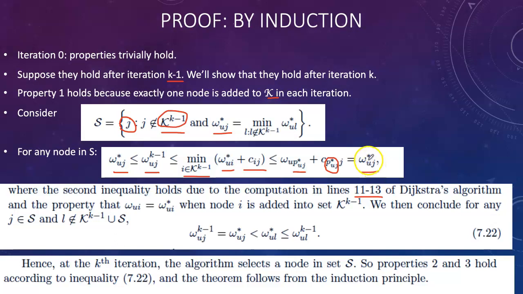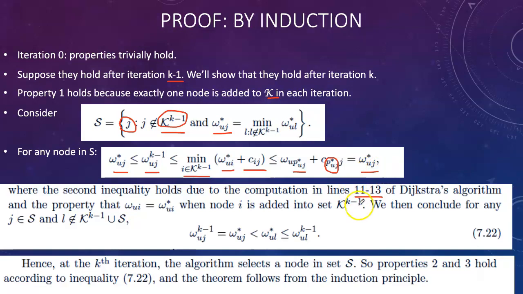So we reached this equality, which shows that for any node in S, the cost W_j star, that is currently the cost of this node at the end of iteration k minus 1, is actually the final minimum cost, the true minimum cost.